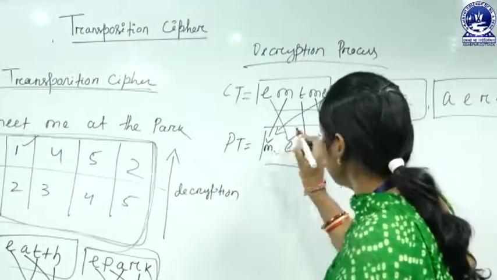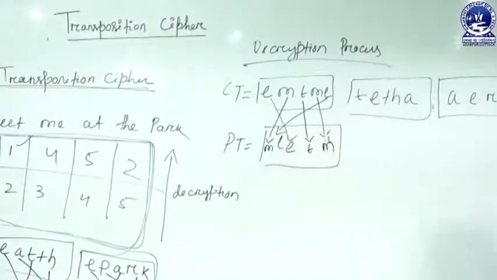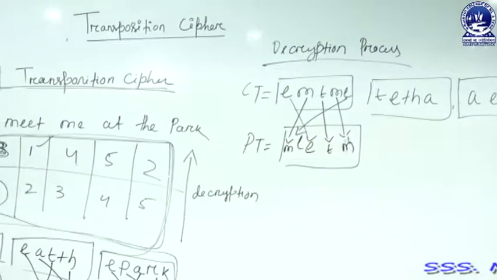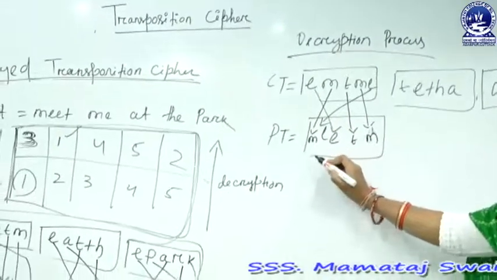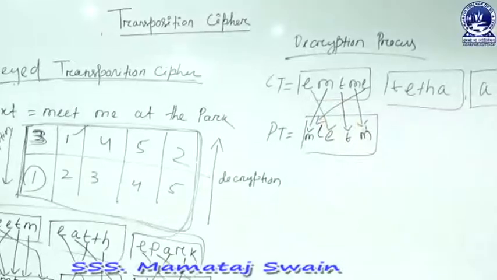That means here this E. Now this is the plain text block for this ciphertext block.